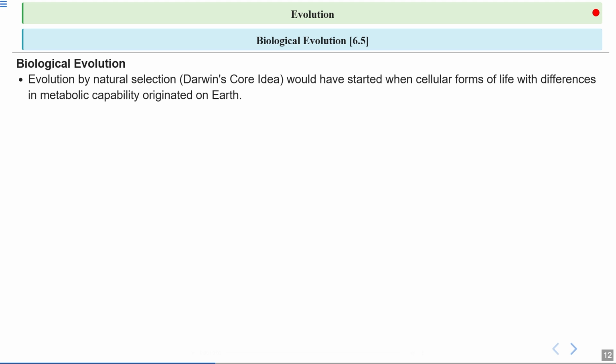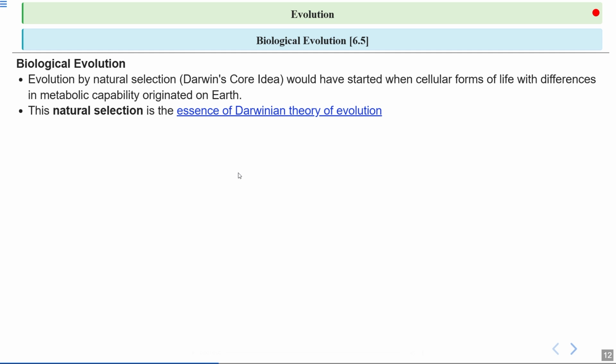Some can metabolize the molecules present in the environment very efficiently. Some cells are not that efficient in metabolizing those molecules. So the cells which are able to metabolize better were selected by nature. That's why evolution by natural selection would have started when cellular life forms with differences in metabolic capability originated on the Earth.